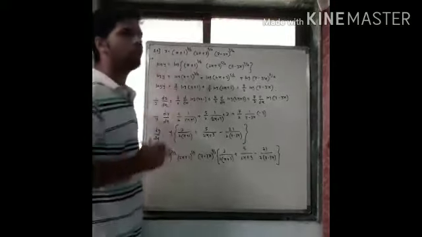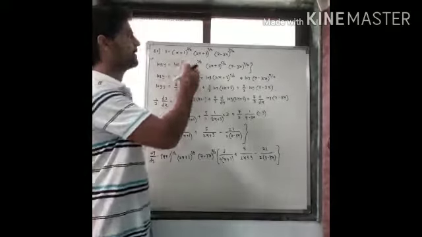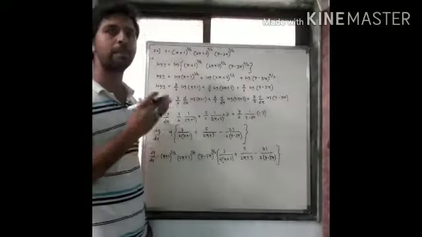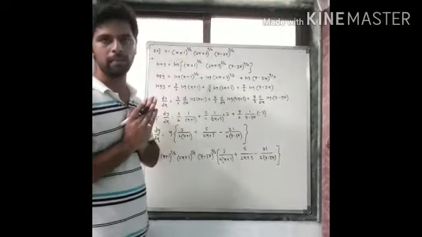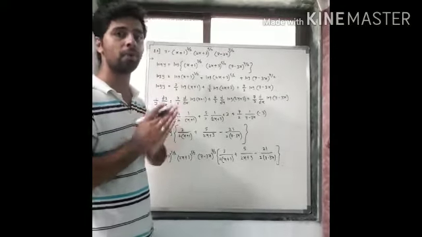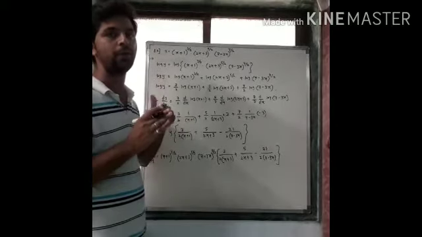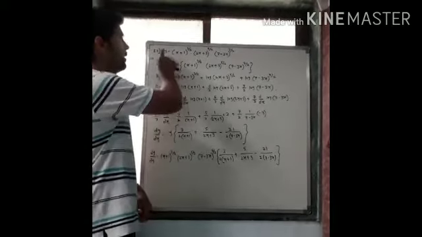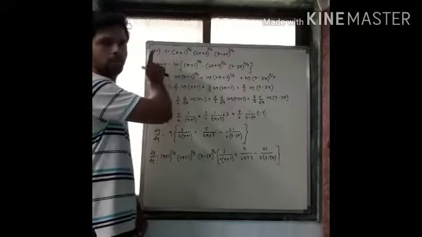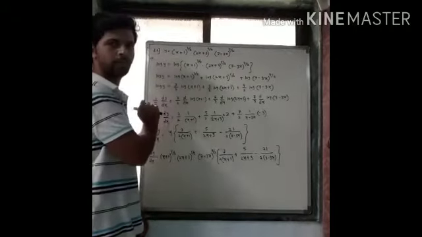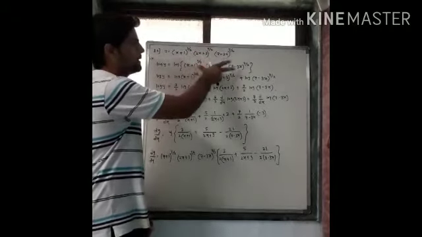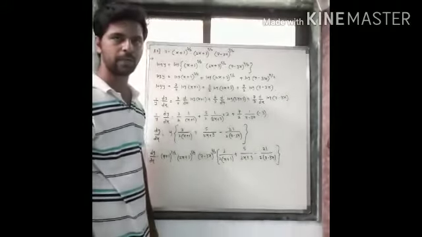If you take log on both sides, but don't forget there are three different terms on the right side, and all those three terms are in multiplication form, or they are in product form. So when we apply log on the right side, how will it affect? So log of this y, that is log y, and log of all these three terms on the right side, right?